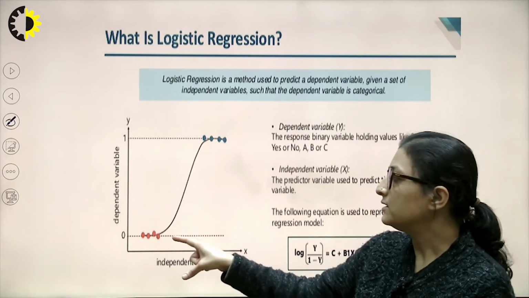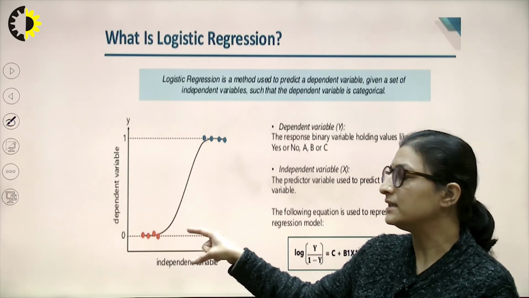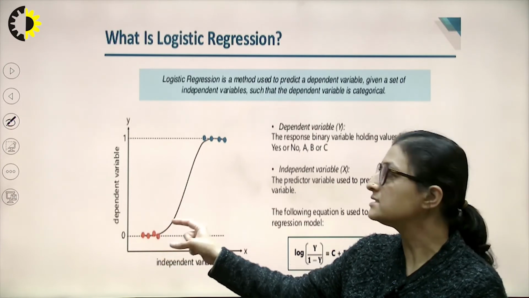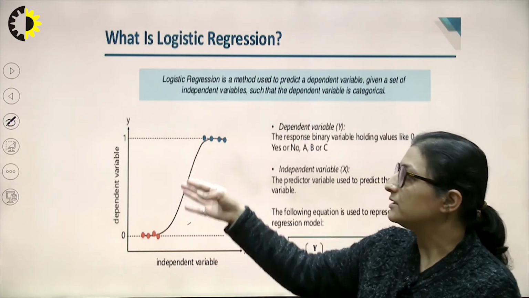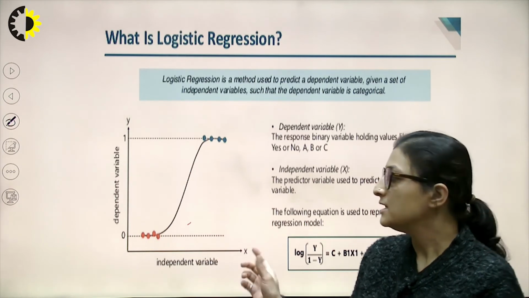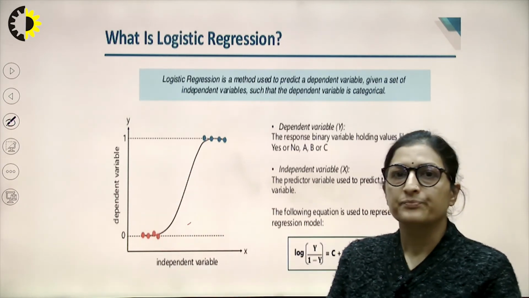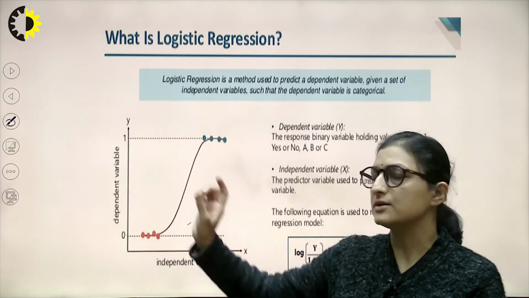So these instances have to be classified either as belonging to the 0 class, or as belonging to the 1 class. This is an example of a logistic regression technique, because the dependent variable is a discrete class label. It has two values, 0 and 1.